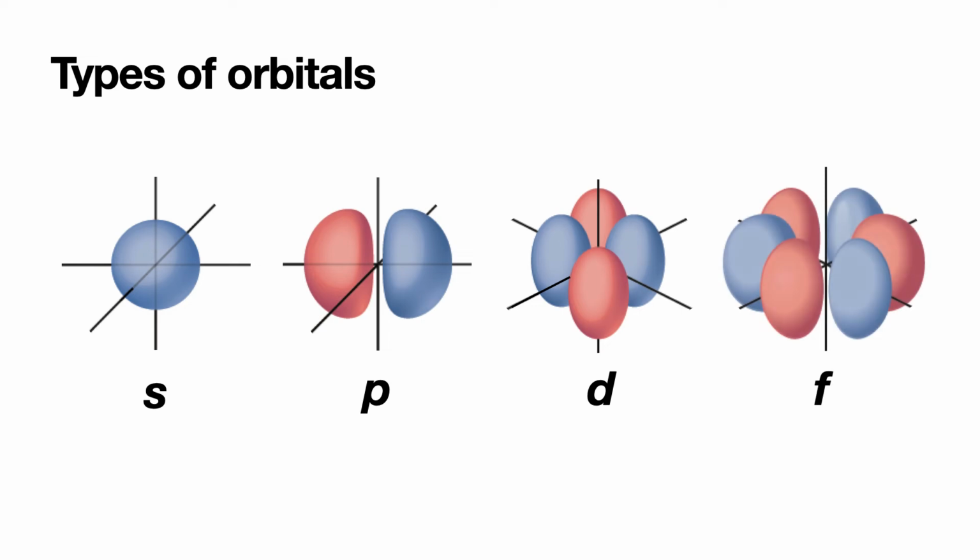And these different types of orbitals belong to what are called sublevels within an energy level. And the number of sublevels in an energy level varies, and we'll talk about that momentarily.